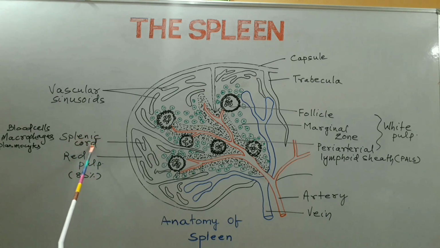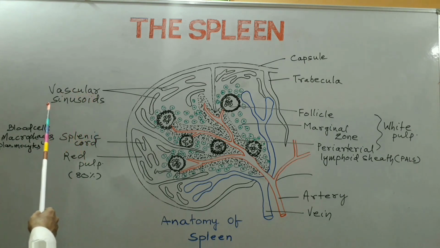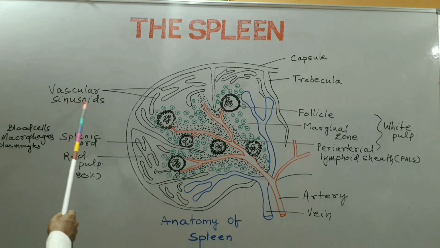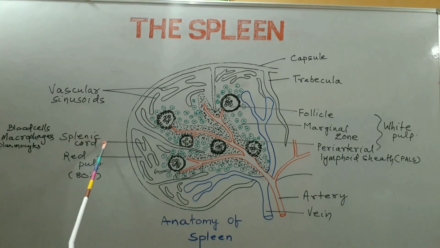The splenic cords are cellular aggregations supported by reticular connective tissue, and they contain different types of cells like blood cells, macrophages and plasma cells. The other component is the vascular sinusoids. The vascular sinusoids are blood-filled spaces, and the splenic cords appear as stripes.